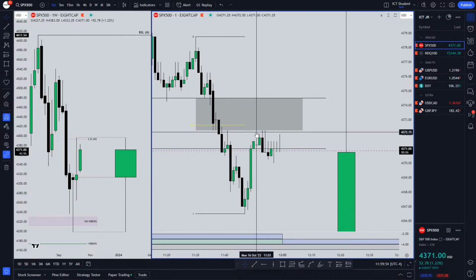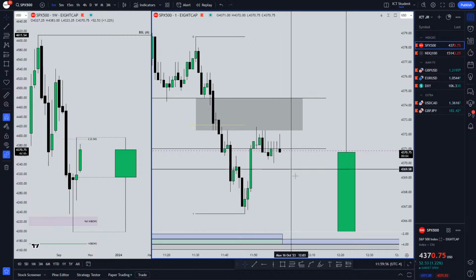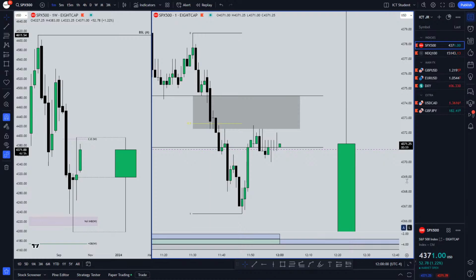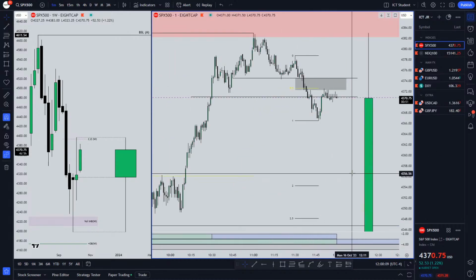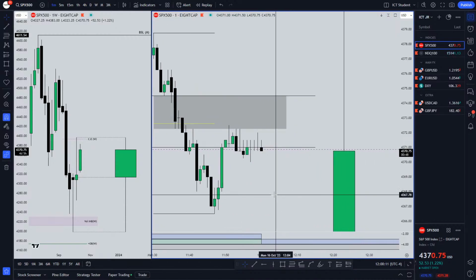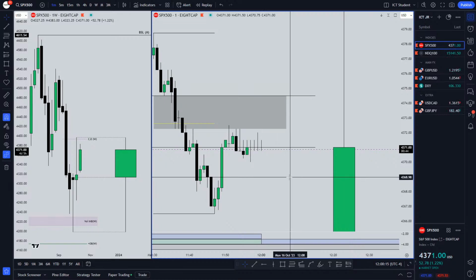We dropped down, we rally up. I want to see how this one opens. So we're rallying, come down. I want to see more volume. That's kind of what I want to see. That's all I want to see, man.